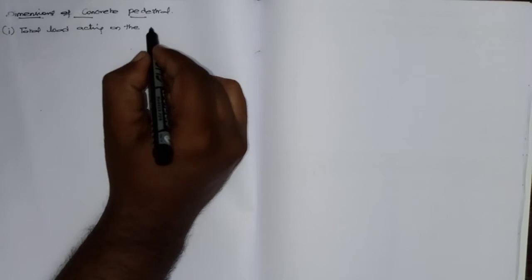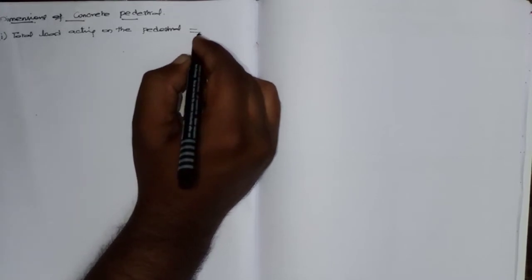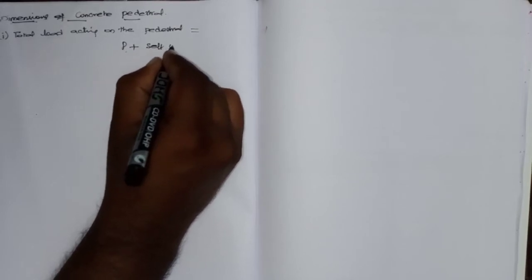So here, while designing the dimensions, the total load acting on the pedestal will be equal to P plus self weight of pedestal.